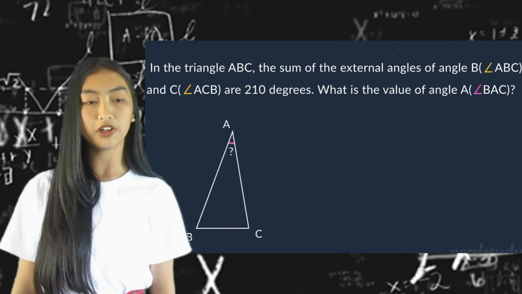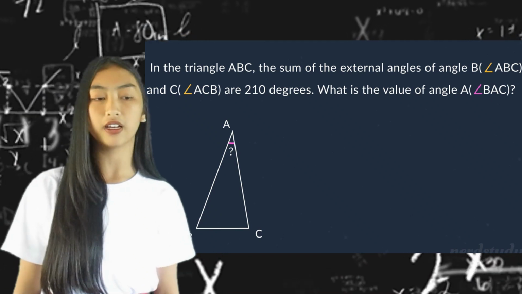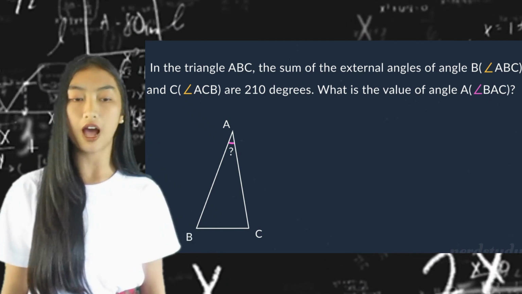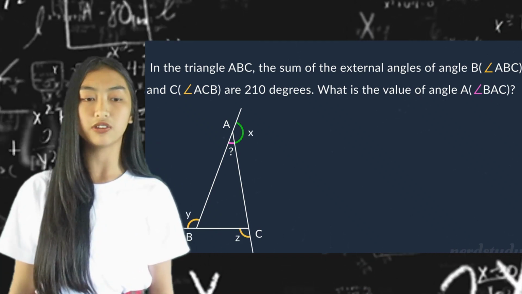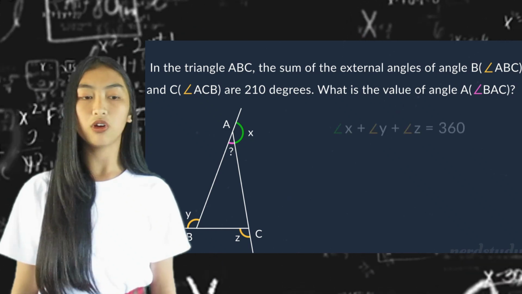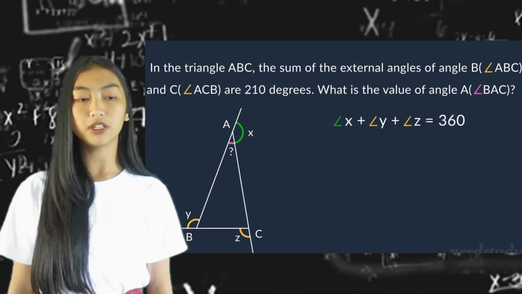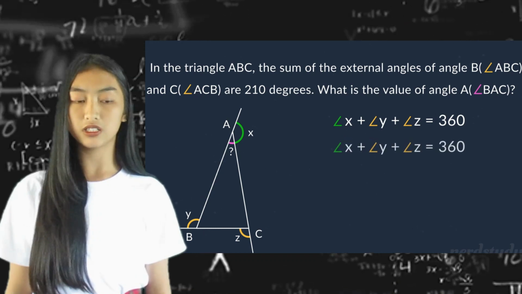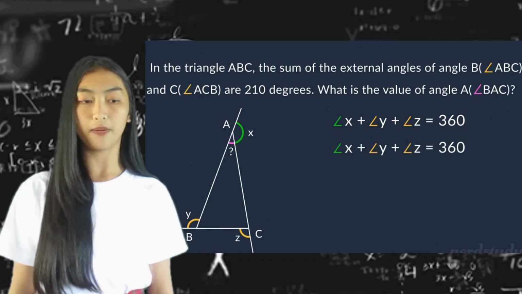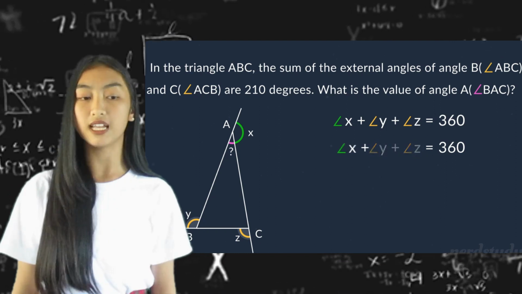We need to begin by remembering the fact that all exterior angles of a polygon add up to be 360 degrees. So, in light of this, we have two exterior angles here that add up to be 210 degrees.